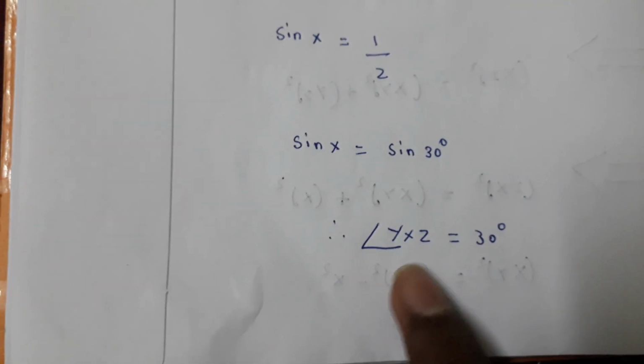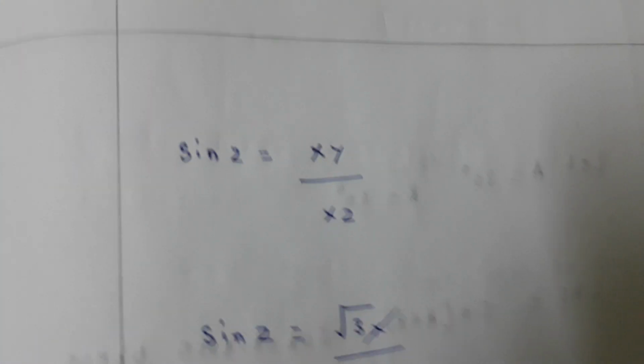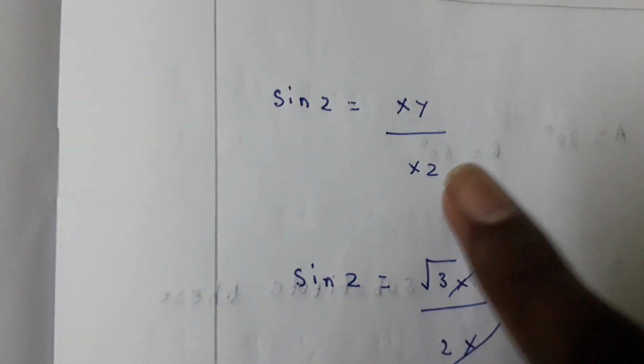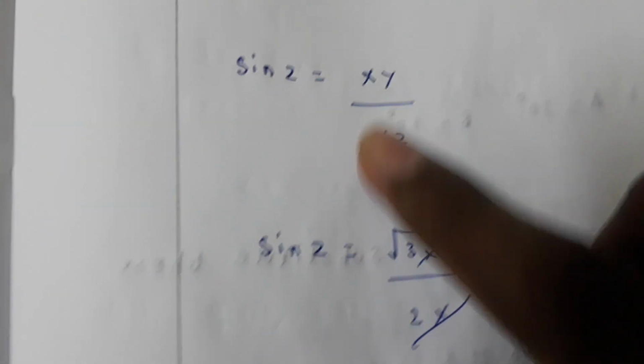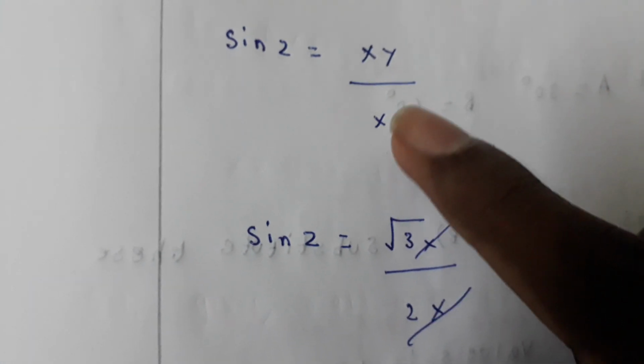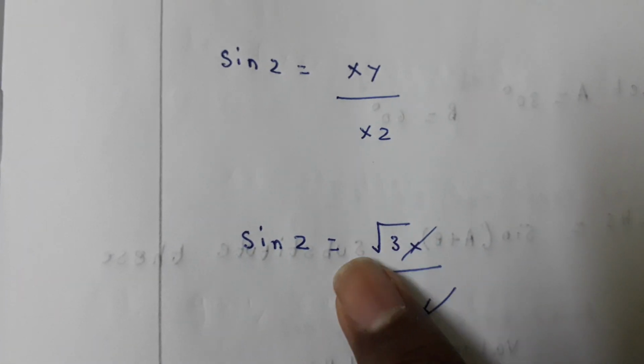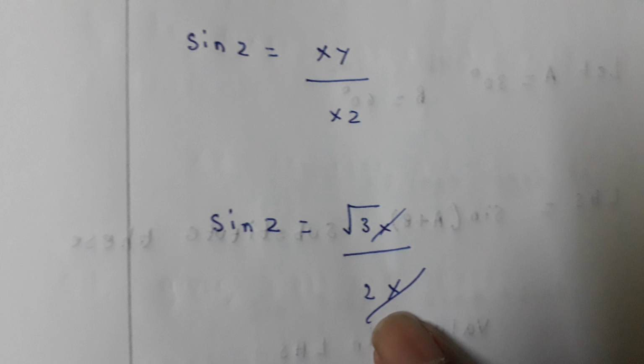In the same way let us find YZX. YZX means it is sin z. Sin z means the side opposite to angle z by hypotenuse. So the opposite is XY and the hypotenuse is XZ. So sin z is equal to root 3 x by 2x.